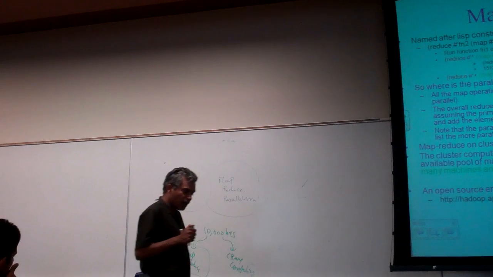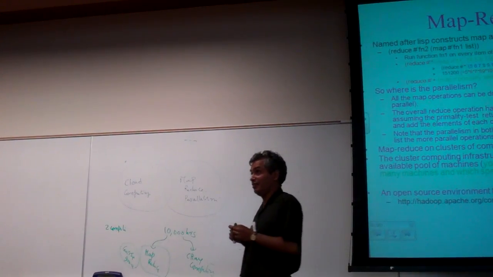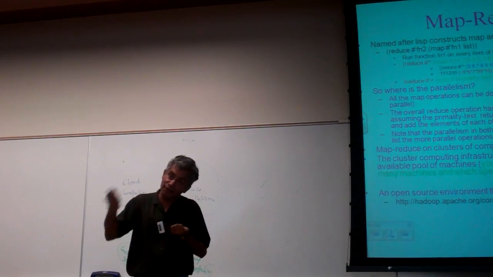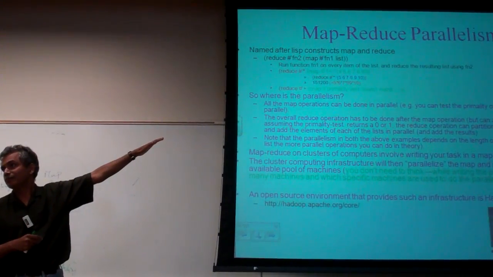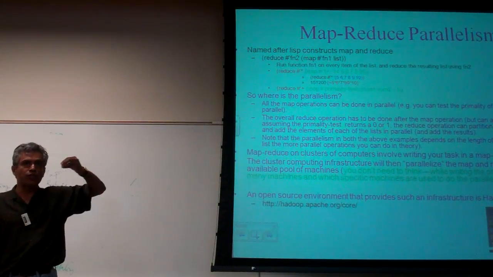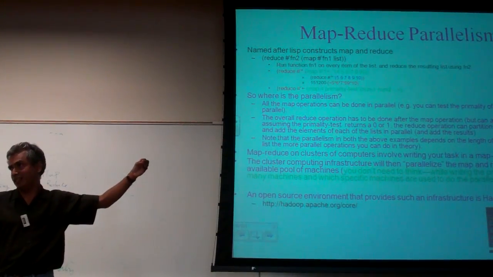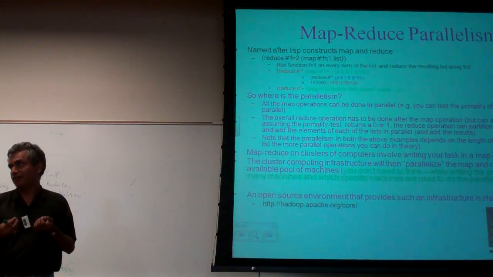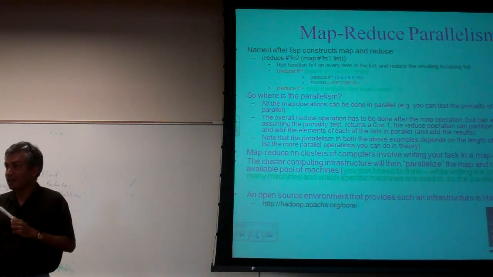If the individual computation itself, the primality test, takes a lot of time, that itself can be parallelized separately. That's not what we were talking about here. We're not talking about how to write a single program that checks primality of a number fast using some parallel computing method.